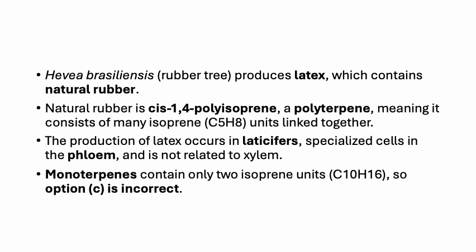That means it has many isoprene units that are covalently linked. And like we learnt in the initial classes, this production of latex occurs in specialized tissues called the laticifiers, and these are present in the phloem. There is no relevance for xylem here.